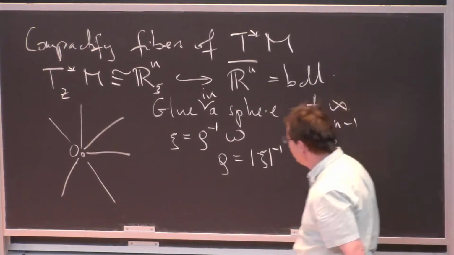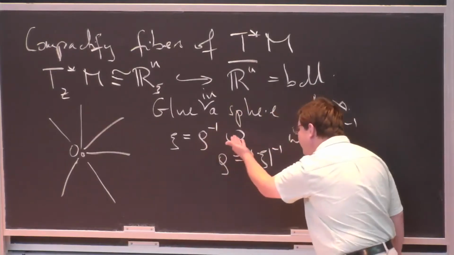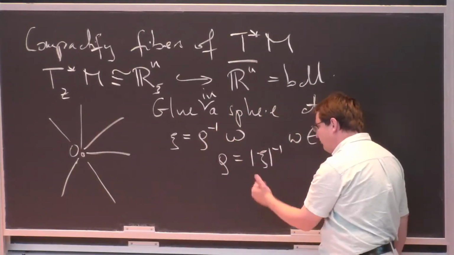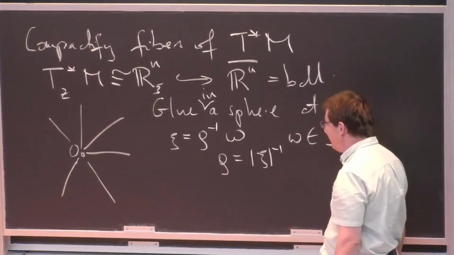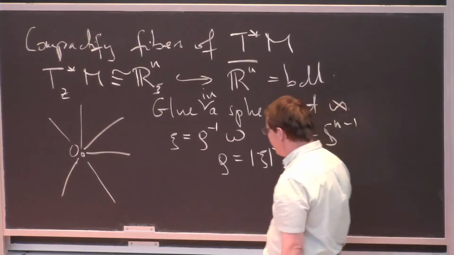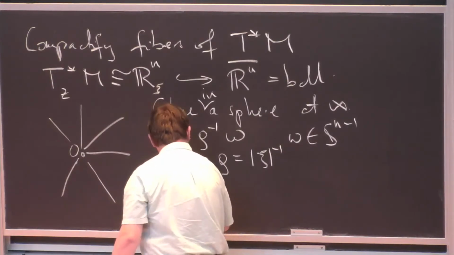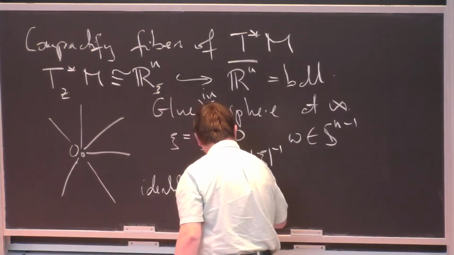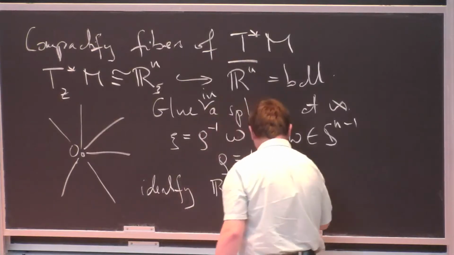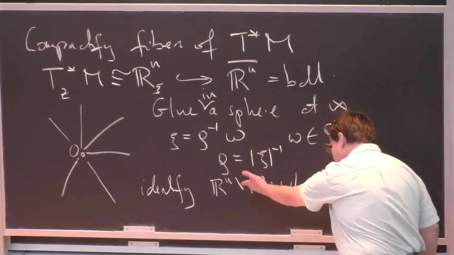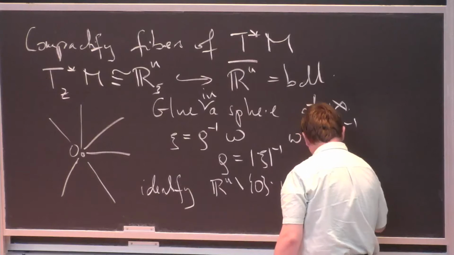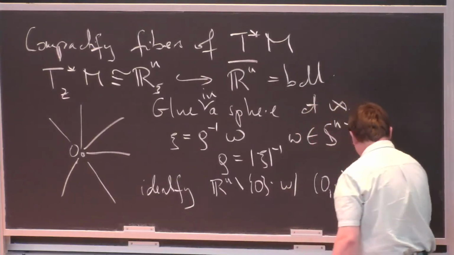Okay? And then I want to use rho and omega as my coordinates, which is valid when rho is positive. But I want to identify R^n minus the origin with (0, infinity) in rho across the sphere.